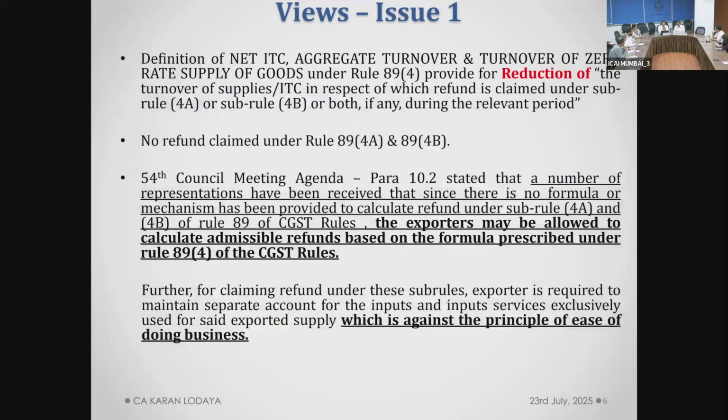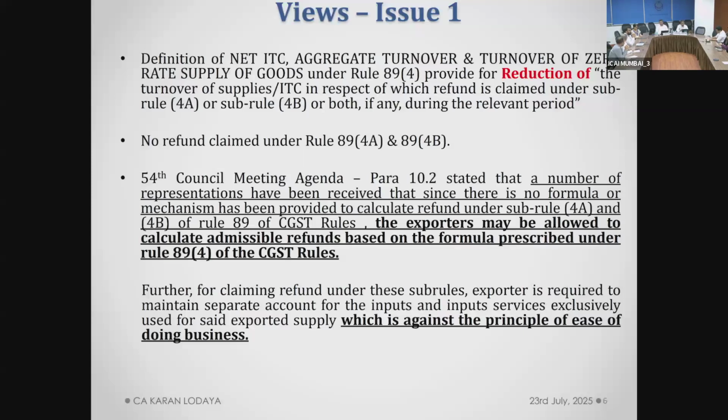And one more thing, in the 54th council meeting, they have specifically stated one para. I highlighted that. There is no formula mechanism provided to calculate refund under 89.4 or 4B. The exporter may be allowed to calculate admissible refund based on formula prescribed under 89.4 of the CGST rules. Further, for claiming the refund under this sub-rule, the exporter is required to maintain separate accounts for inputs that are exclusively used for exported supply, which is against the principle of ease of doing business.